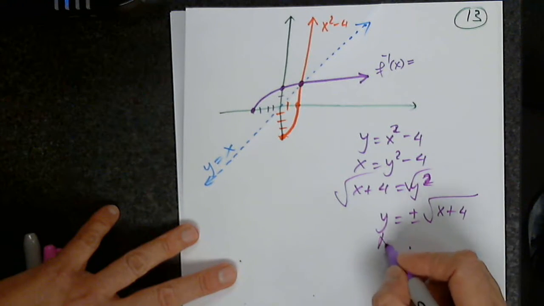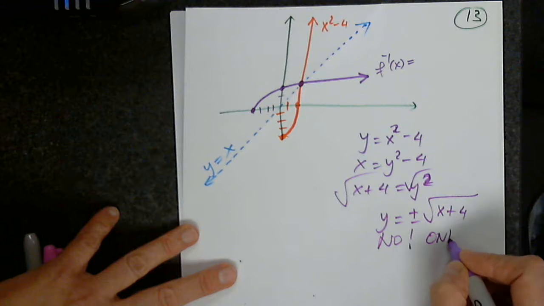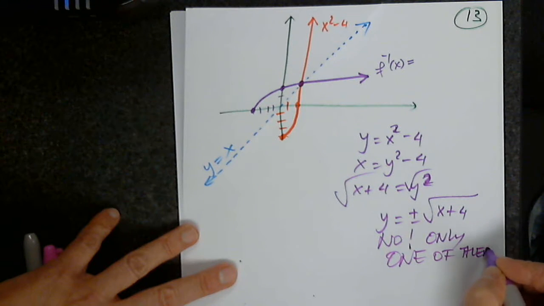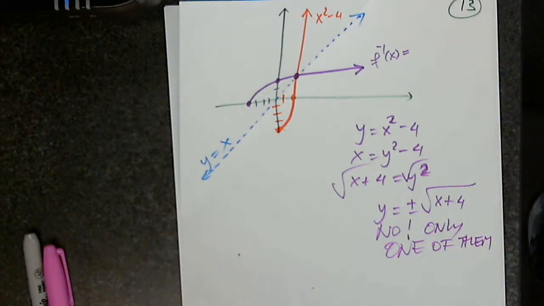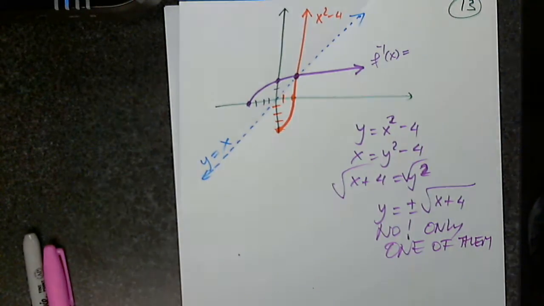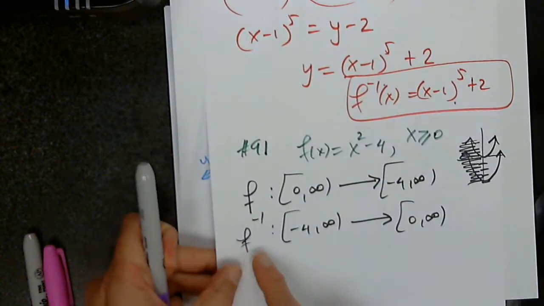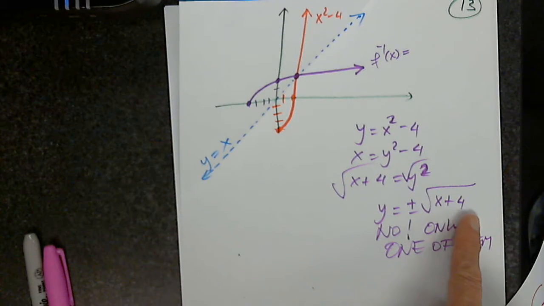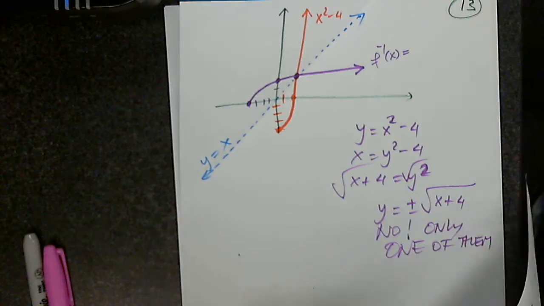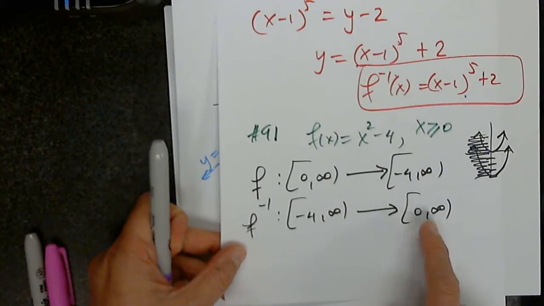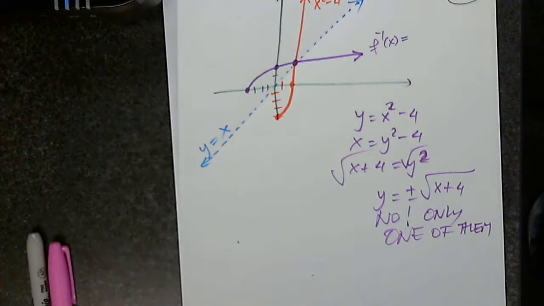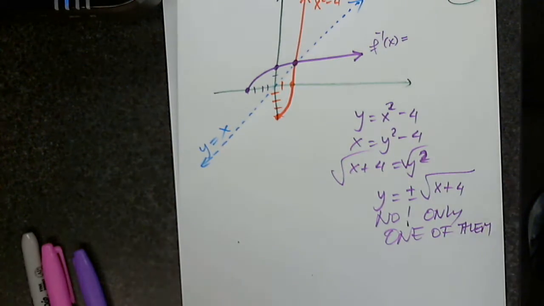And I say, no, only one of them. And I go back. And I know that the domain is negative 4 to infinity, which makes sense. x plus 4 has to be greater than or equal to 0. And the range must be positive numbers. So therefore, I know exactly which one to pick, and I know exactly which one is f inverse.